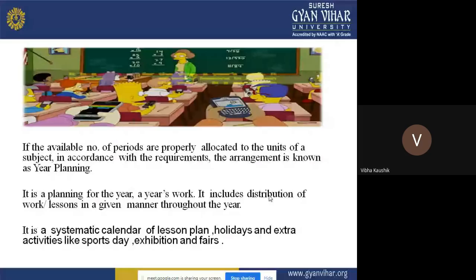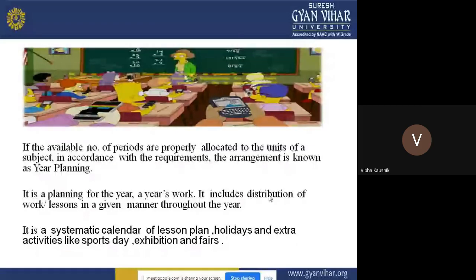Holidays, how many holidays? Extra activities. Now the extra activities that have to be held during the year, how much time will you give for those extra-curricular activities? How will you organize them? All these things are mentioned in the holidays and extra activities, like sports day, exhibitions, and fairs.